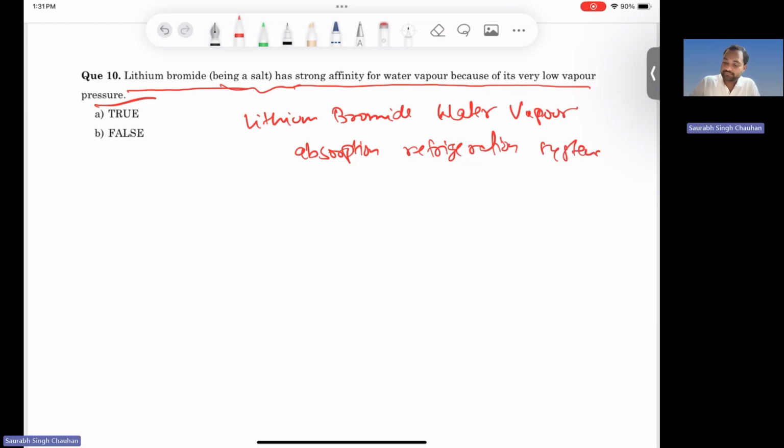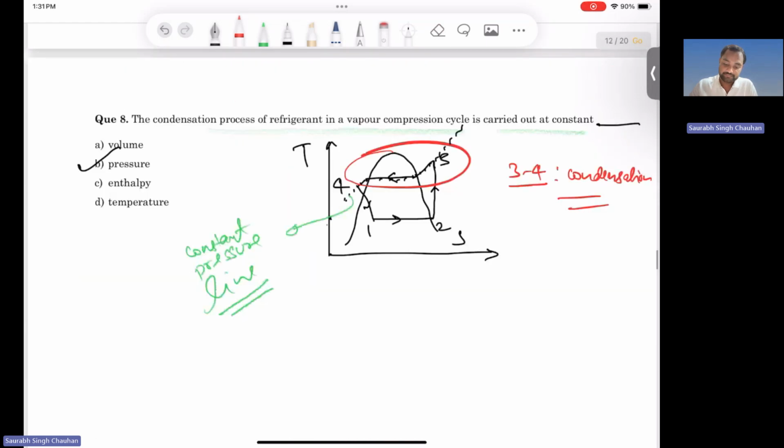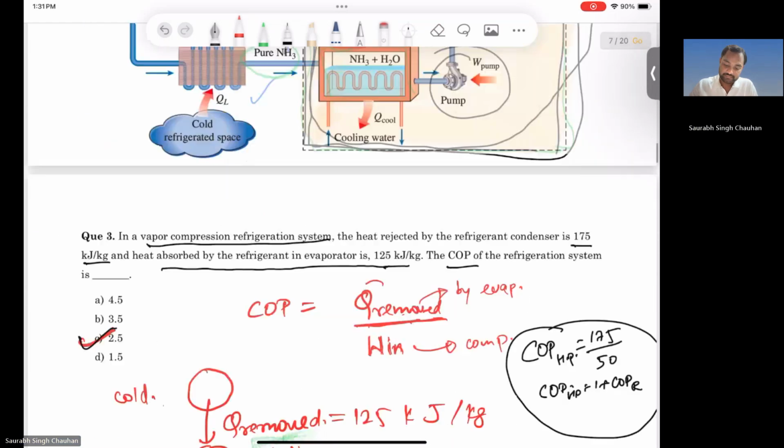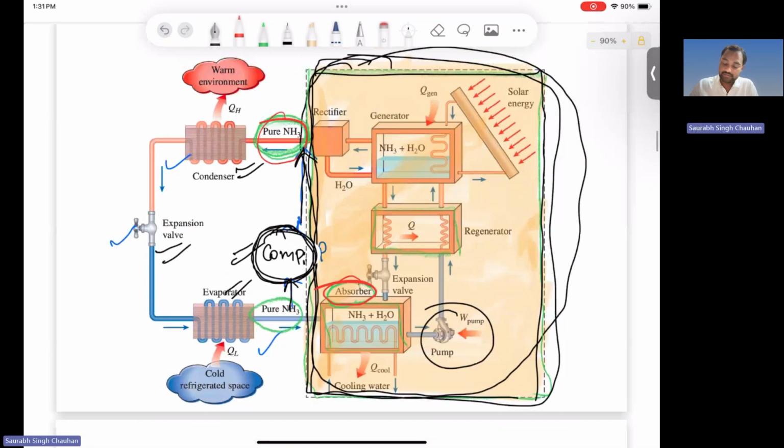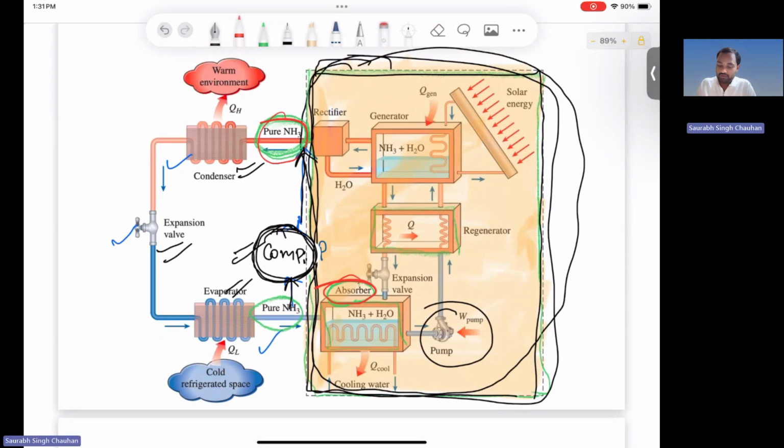refrigeration system. It is very similar to the ammonia absorption refrigeration system that we have seen here, but instead of ammonia, we are using water vapor, and for absorption you are using lithium bromide.